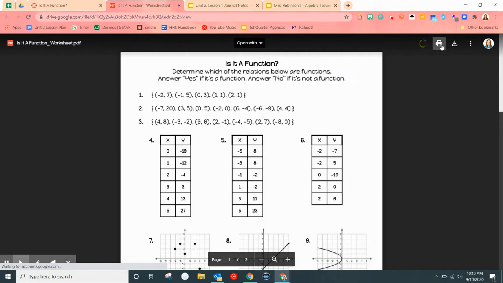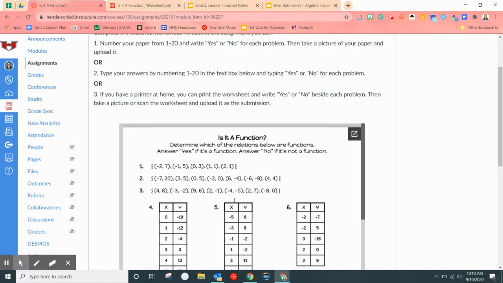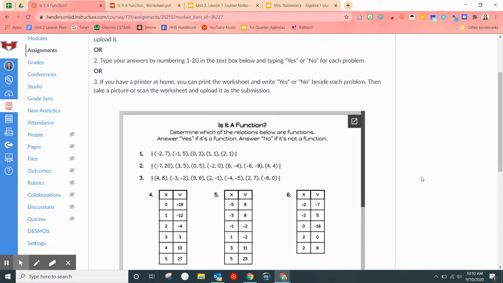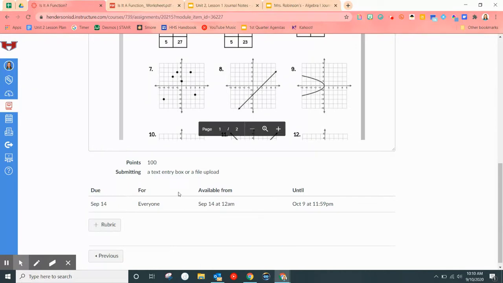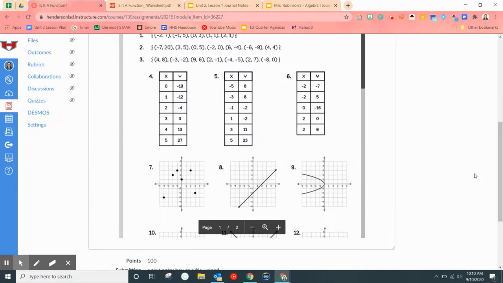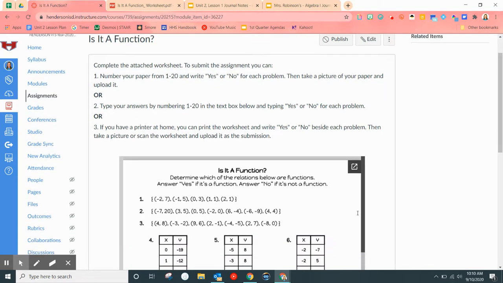So if you have a printer at home, you could access this and print this out and literally write beside each one, yes or no. And then at the end, you have the text entry, or you'll have to take a picture of it and upload it. Same thing if you write your answers on a piece of notebook paper, take a picture. You can use the camera on your Chromebook. You have to take the picture first, then come back over here to the assignment and browse for that file on your Chromebook. So those are the 3 options to complete this assignment.